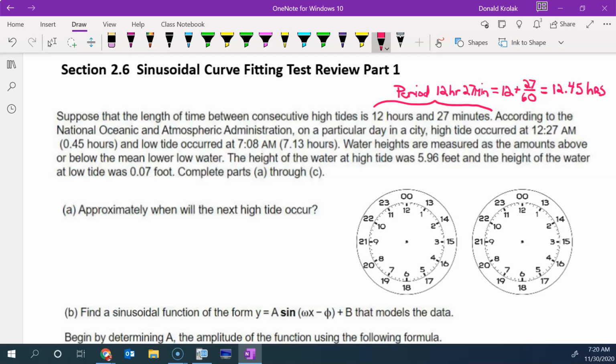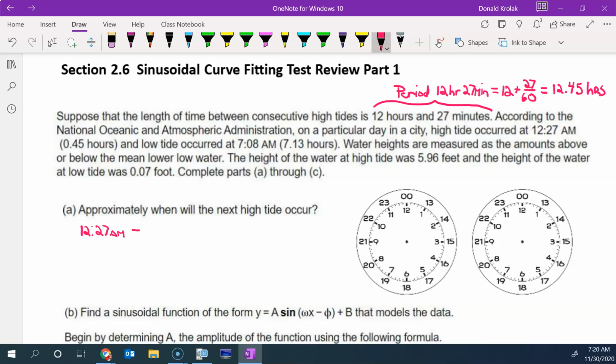All right, so the first question's pretty straightforward. It says, when's the next high tide going to occur? Okay, well, the first high tide was at 12:27 a.m. It was high tide.